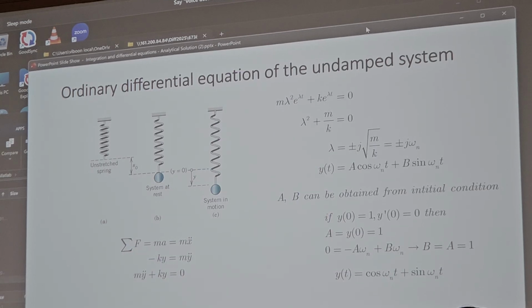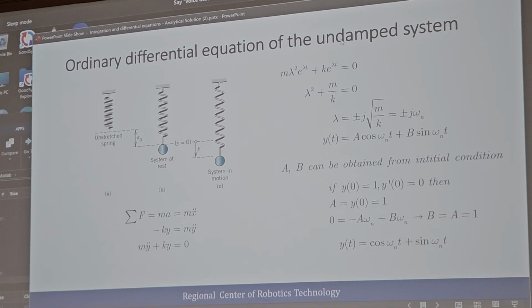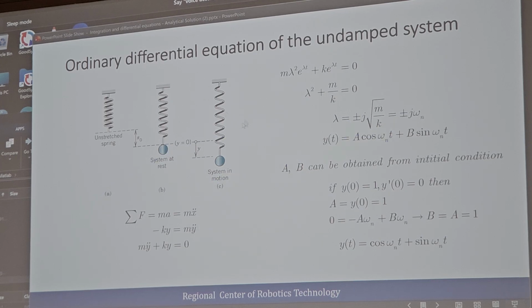Now we come to see some application. Let's say you have what we call spring and mass. Spring and mass here. Let's say this one is the equilibrium point. We model this one, you measure x from the equilibrium.